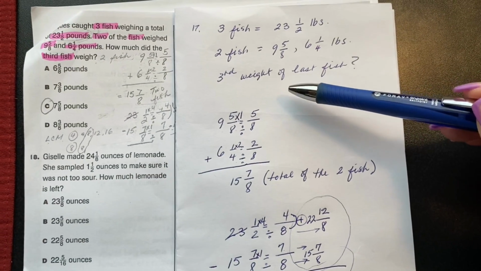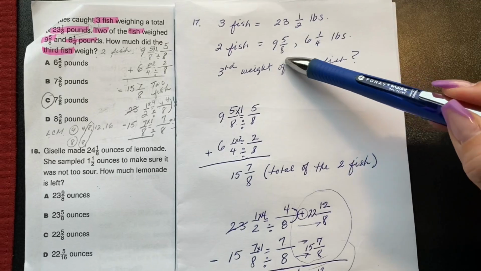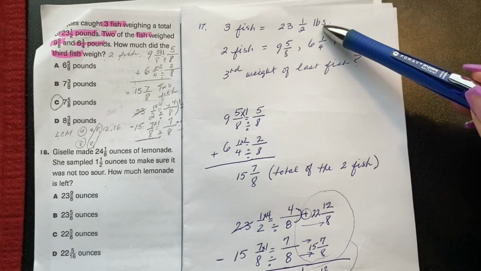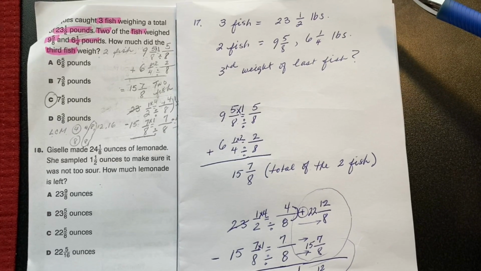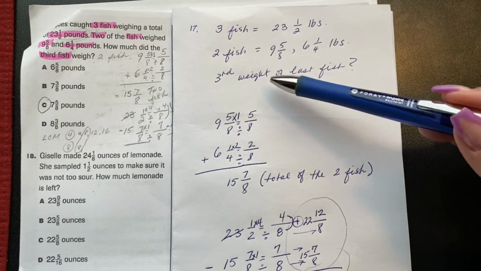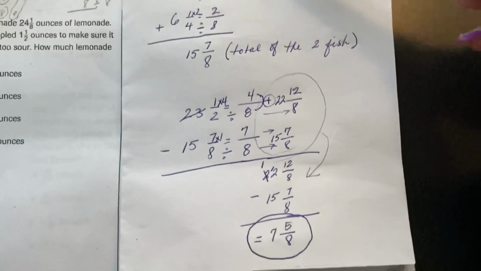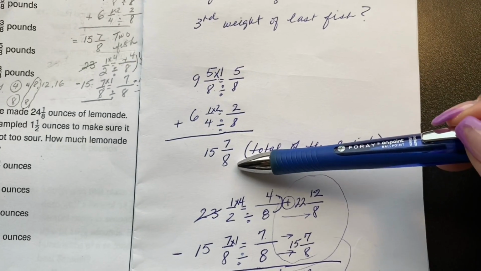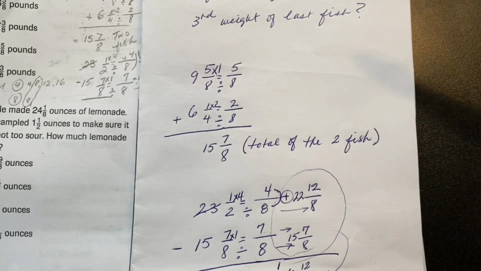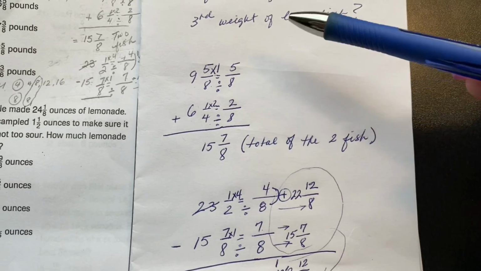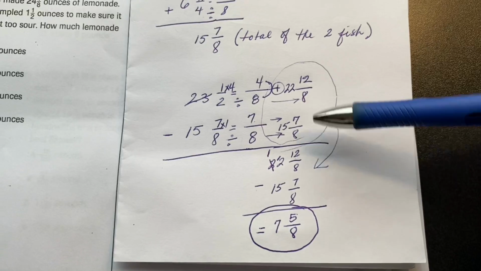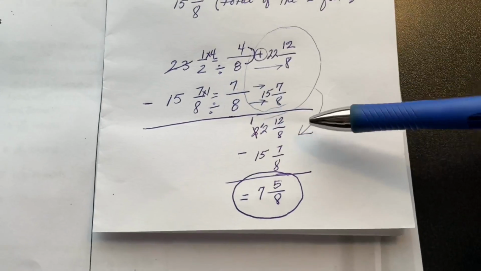So you add these 2, figure out the total, then subtract that from the 23.5, and that will give you the third one. Step 1 is to add the weights of the 2 fish, and then we subtract that from the total, and that's what we got.